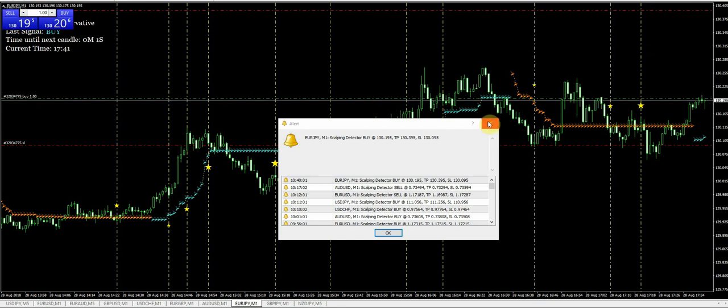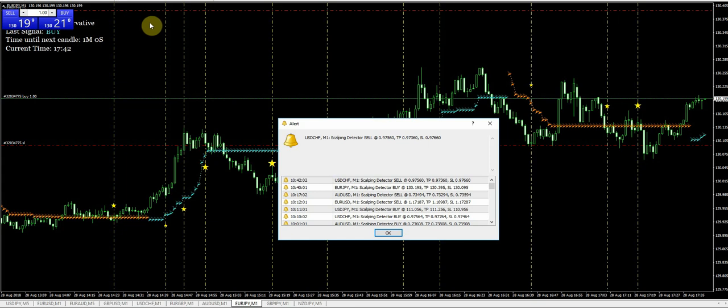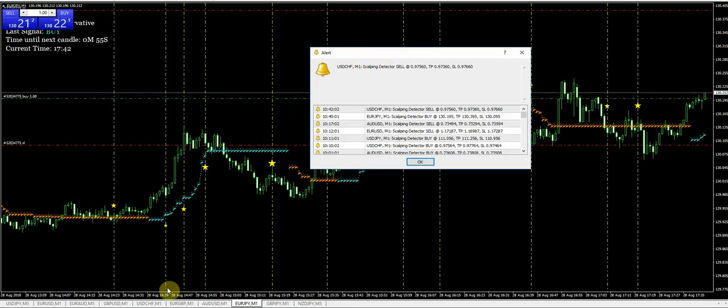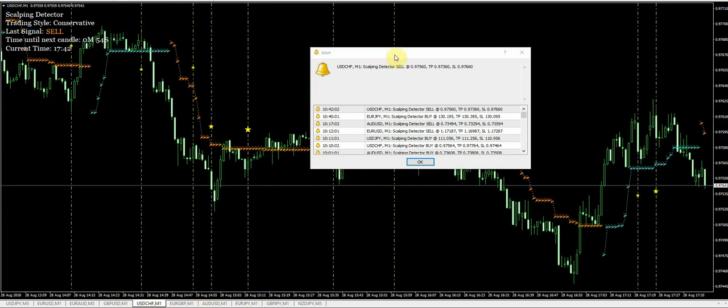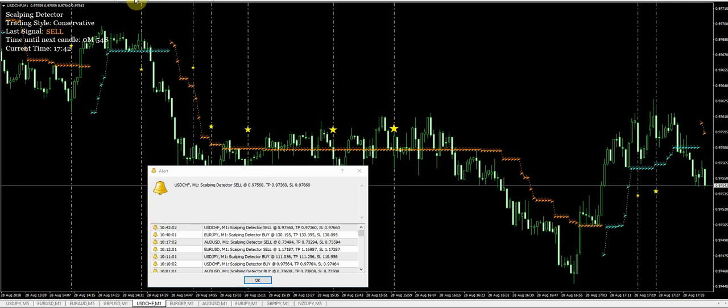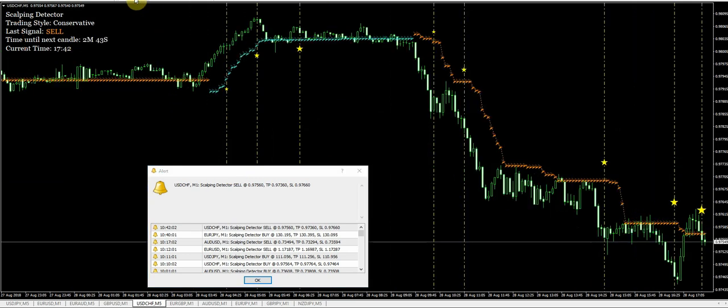And I might go ahead and just, all right, looks like we got another setup, USD Swiss franc. Let's take a look at it. All right, that's a sell. All right, doesn't look bad at all.